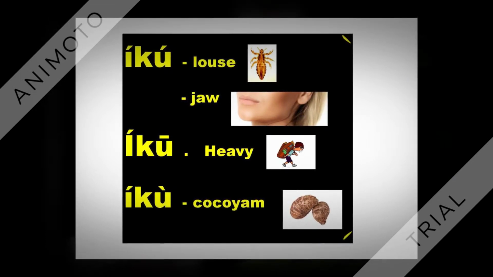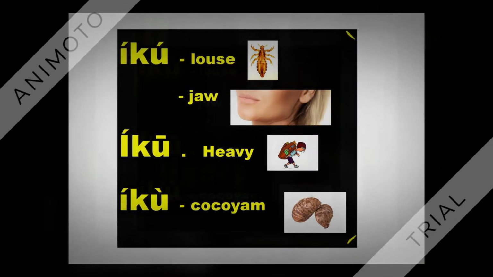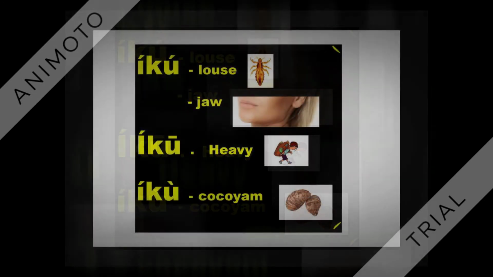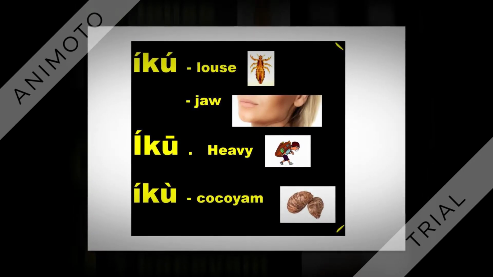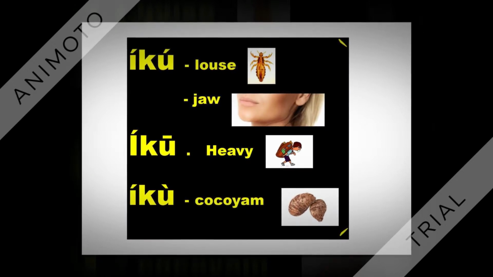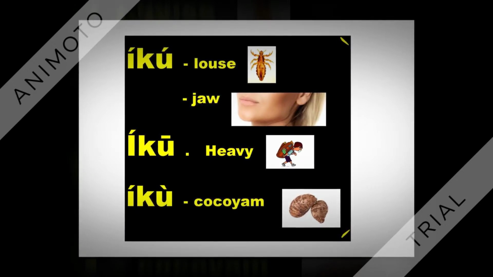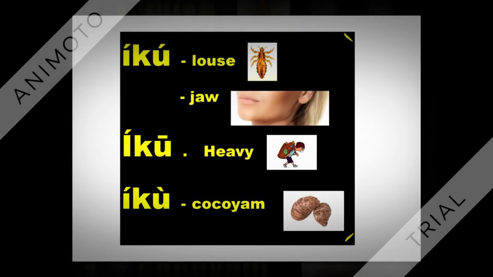Then the fourth word is Iku. Iku is cocoyam.